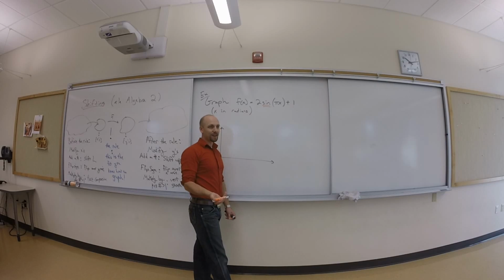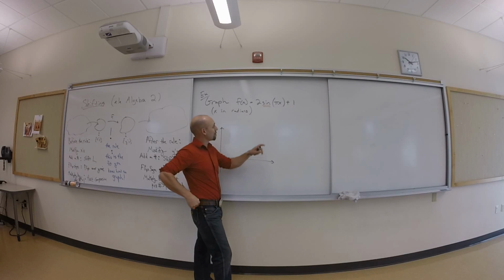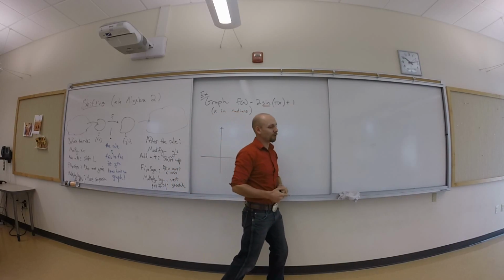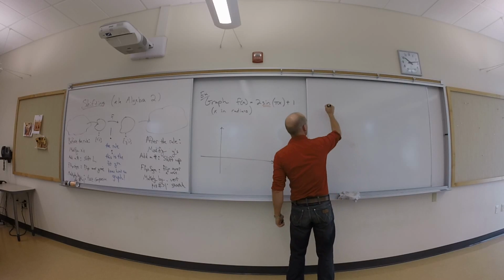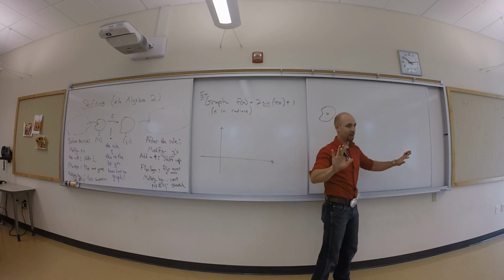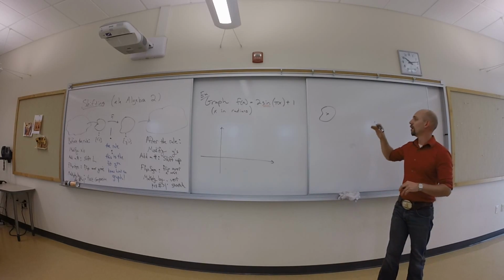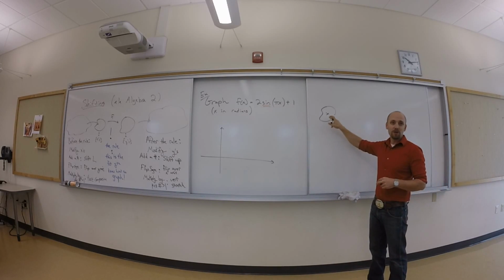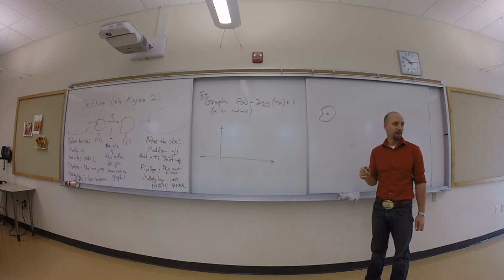Okay, now I need to break down which things are happening before, after, during. So I want to take a look at my function, and I want to break it into one of these bubble diagrams. So here's your bubble. You're going to start with x. So if somebody gives you a number, that's your x. What are you going to do to it first, order of operations wise?